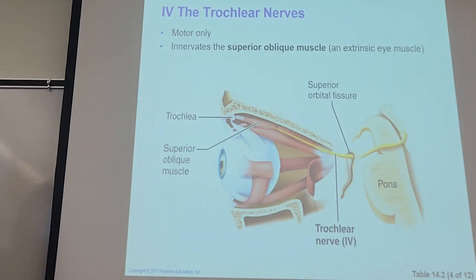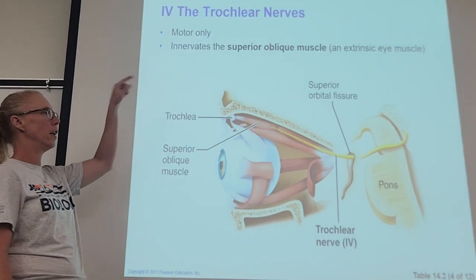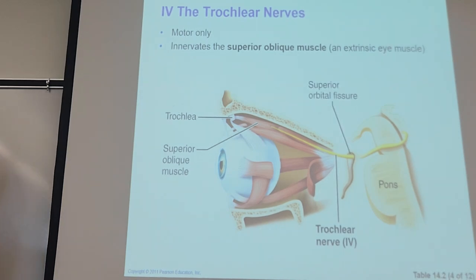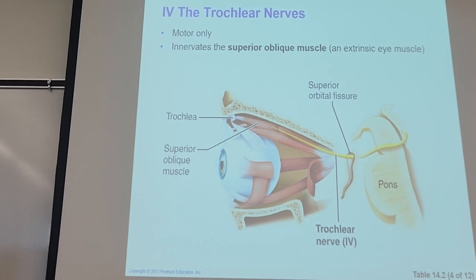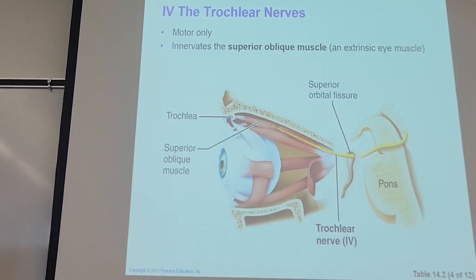Trochlear. Okay, so trochlear, motor only, and here's where superior oblique comes in. How did we define left and right on the eye model? What was the trick? There's more than one, but what's the trick? The obliques. What about the obliques?